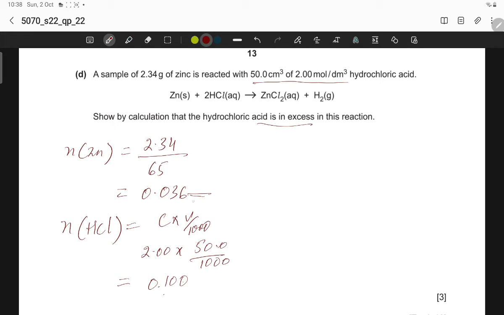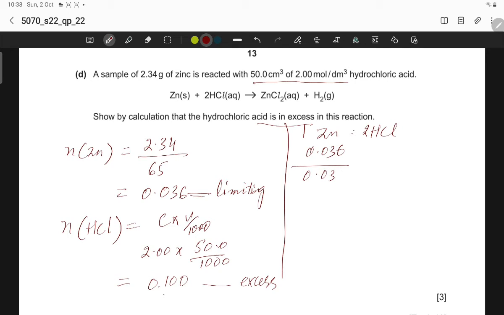0.036. So here you know that this is the limiting from the mole, but check from the chemical equation also. So you know that zinc and HCl react in a 1 to 2 ratio, so dividing 0.036 by 1 gives 0.036, and 0.100 divided by 2 gives 0.05.